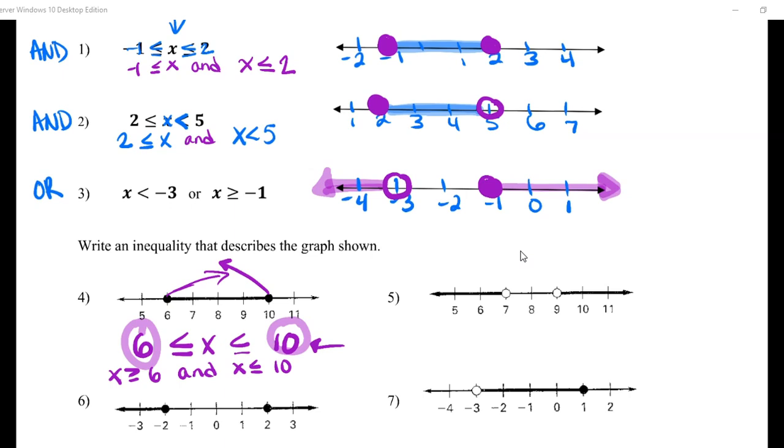"Or" inequalities are a little easier to write because we just write them separately and include the word "or". So for the left side here, we have x is less than 7, or x is greater than 9.